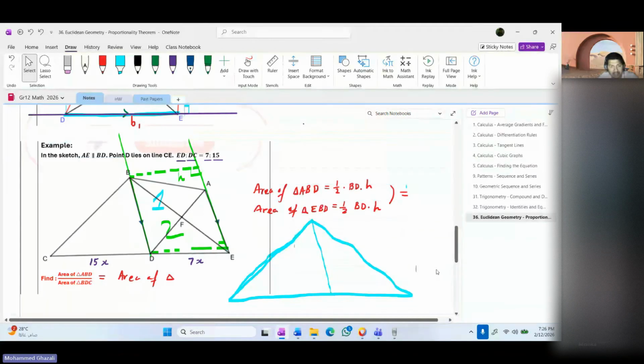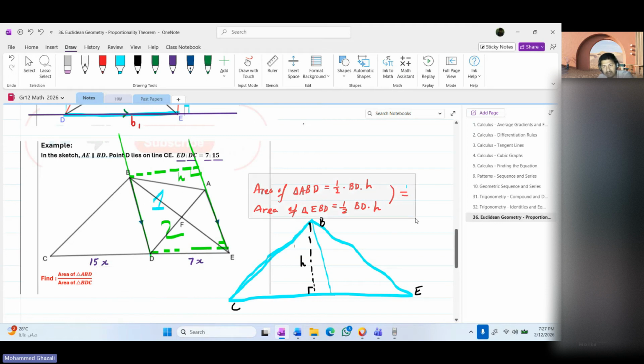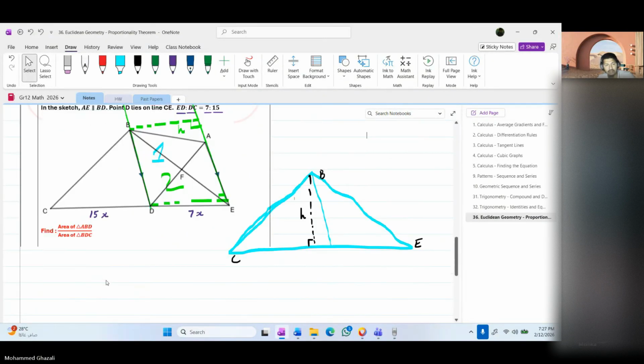Now from this triangle that I pulled out, triangle BEC, I have a common height, right? So I can use half base times height and half base times height for the second triangle. But before you start writing anything, you have to write this part out first and then start solving the problem.